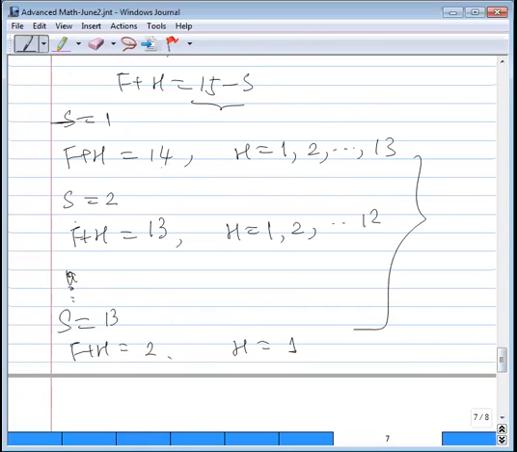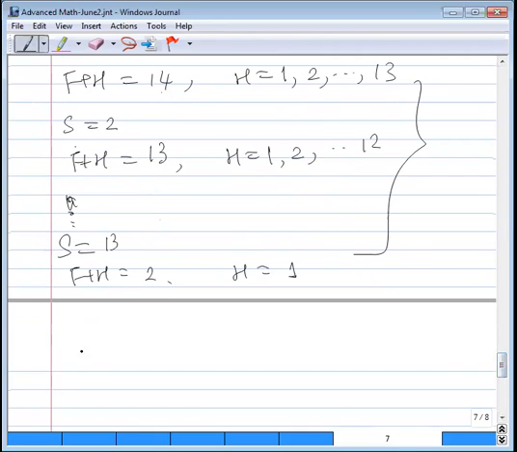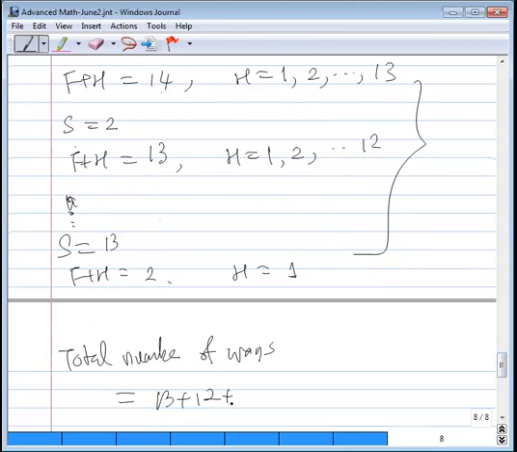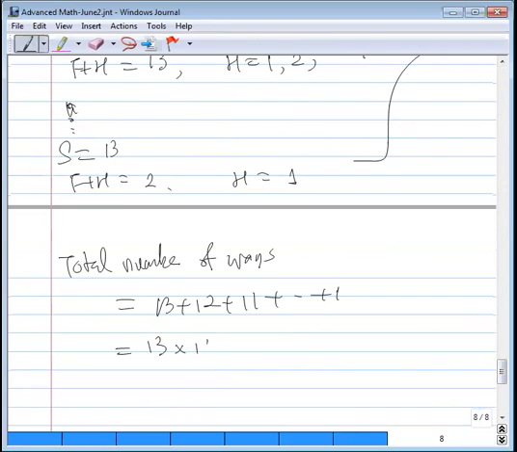When S equals 1, you have 13 possible ways, and when S is 2, 12 different ways. So the total number of ways is 13 plus 12 plus 11 all the way to 1, which is 13 times 14 divided by 2. My answer is 91.